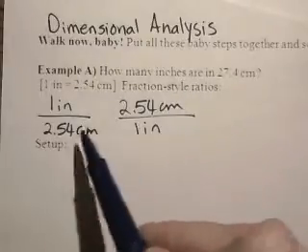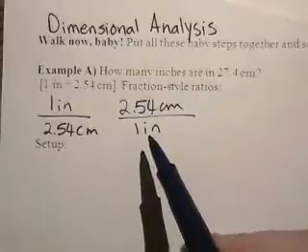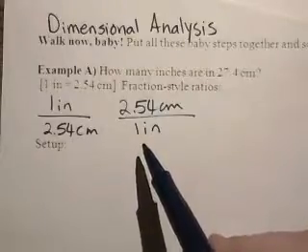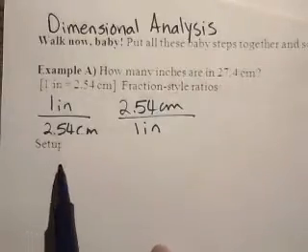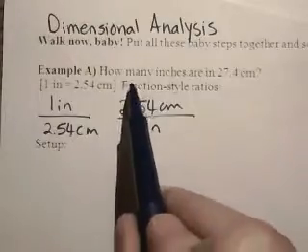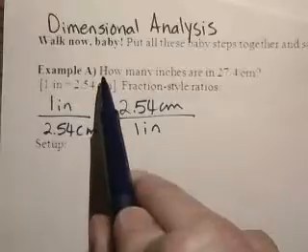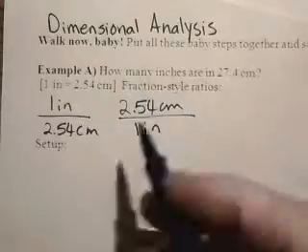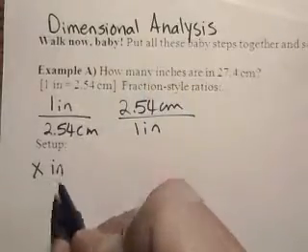Back in the 8th grade, we would have set these up as equivalent ratios, but because our problems are going to get more complicated than that, we do a sort of shortcut setup so that we can add multiple ratios off to the side. So what our setup is going to look like, we go back to the word problem where it says how many inches, and we know that x is going to be inches.